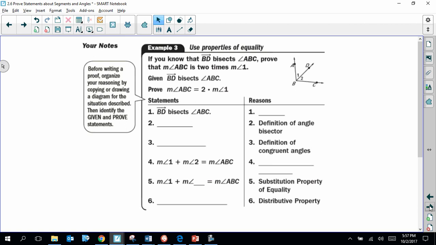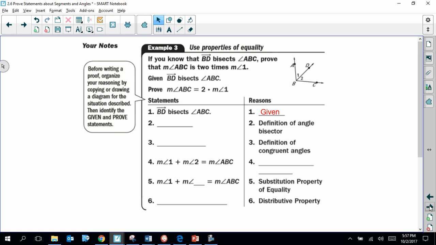So anyway, ray BD bisects angle ABC. That's given to you. The next statement is what we don't know. Looking at the reason can be a clue to what the next statement is. But remember, the statements really should be in a logically sequential order.